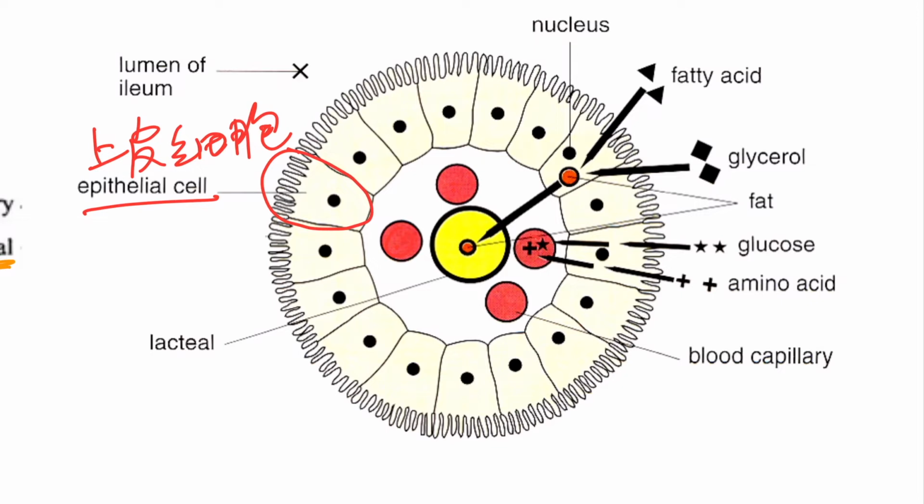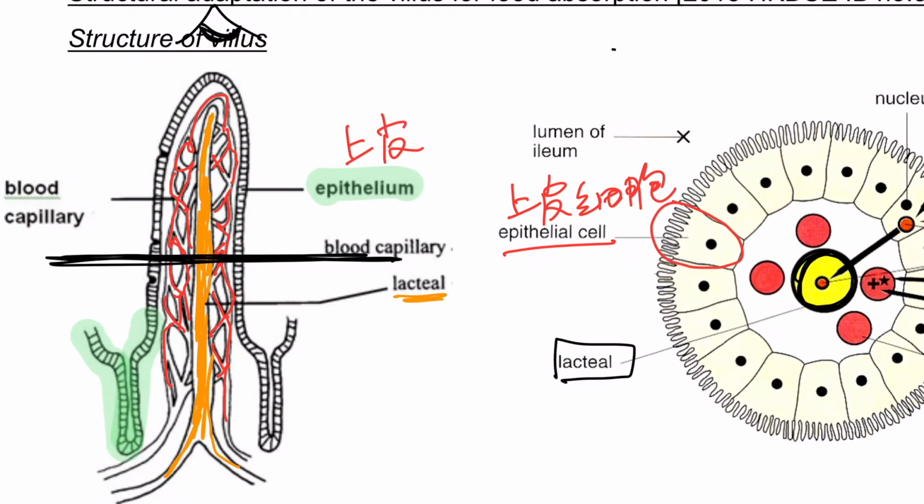At the central part, you can see the lacteal. Surrounding the lacteal, you can see these red circles. These red circles are the cross section of the large network of blood capillaries.